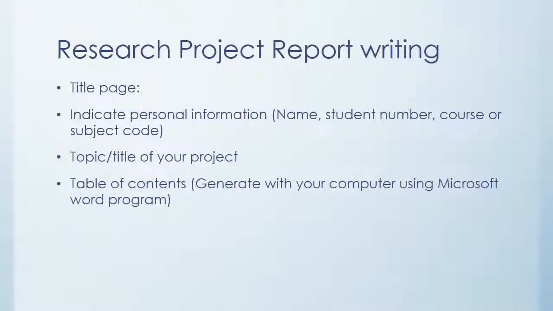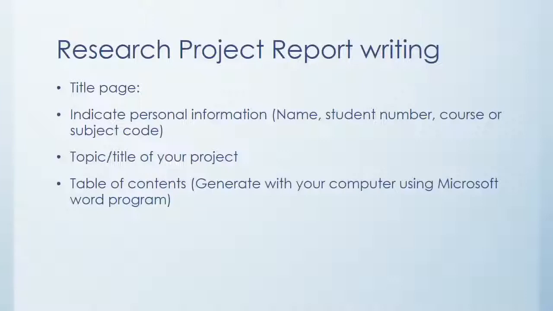Very important, do not forget your title page, which indicates your personal information, which is your name, the student number, your course or subject code, very important, and then the topic. That is the title of your project. And then very important also, following your title page, you should have the table of contents.